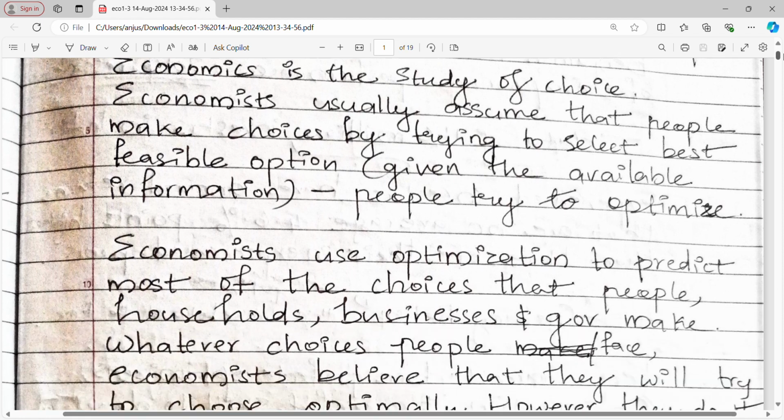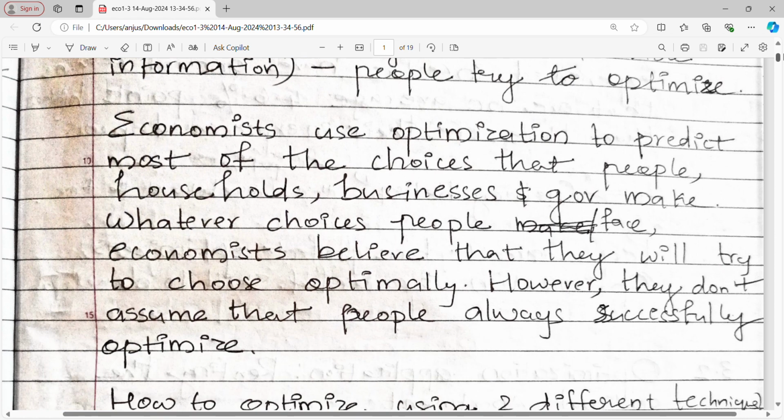You can go over the last chapters again in the playlist. Economists use optimization to predict most of the choices that people, households, businesses and governments make. Whatever choices people face, economists believe they will try to choose optimally. However, they don't assume that people always successfully optimize.